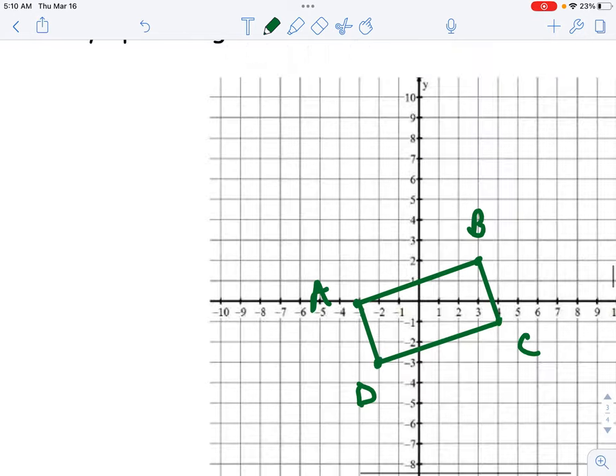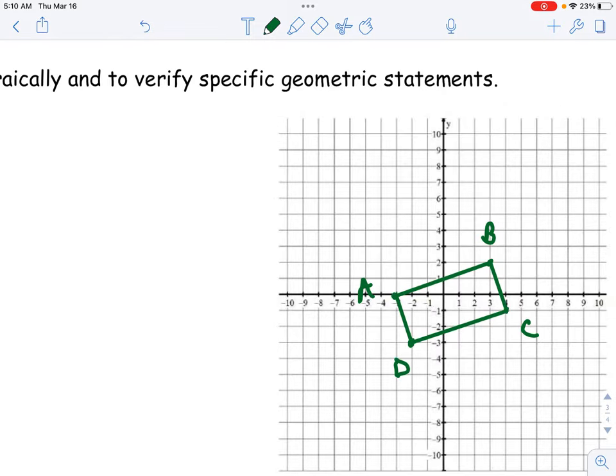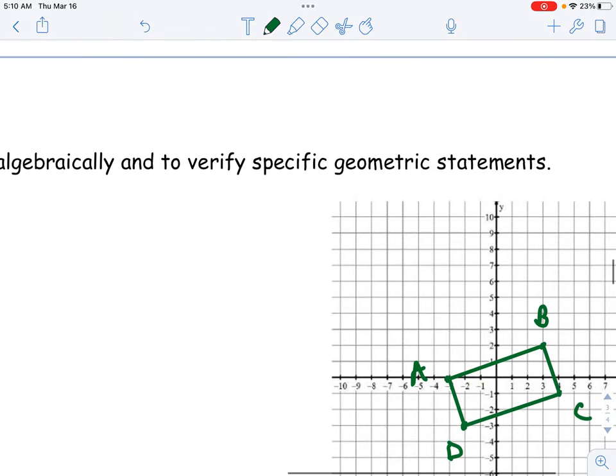So basically we just got to figure out, are all these things perpendicular? Alright, so really what we're just going to need to do is find the slopes.